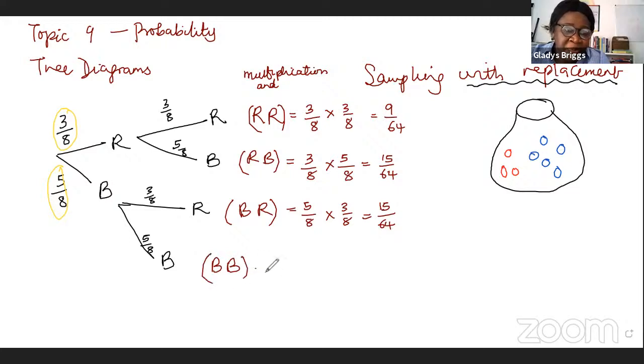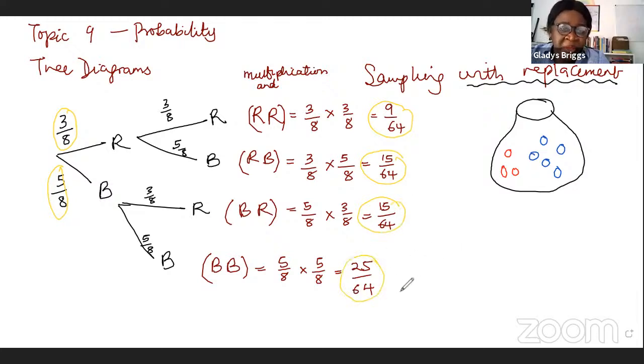Then you get to work out blue and blue, which is 5/8 times 5/8, which is 25/64. Now, if you add all these up, they will be equal to 1, okay?